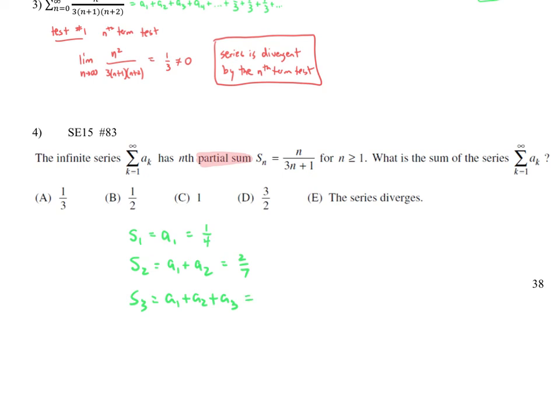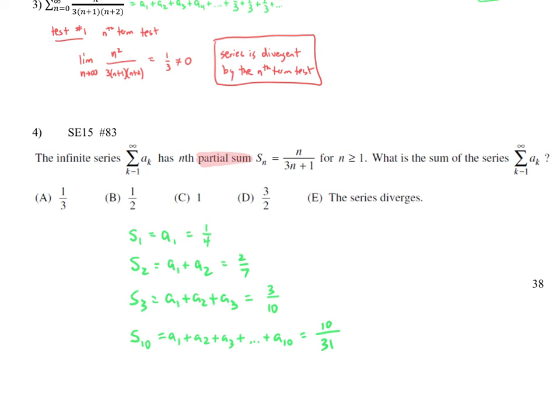Okay, now, what are we really doing here? Well, the partial sums are made up of these mini series. So for example, if you were to look at the 10th partial sum, you'd have a sub 1 plus a sub 2 plus a sub 3 and so on to a sub 10. And that gives us a partial sum of 10 divided by 10 times 3, which is 30, plus 1, so 10/31.